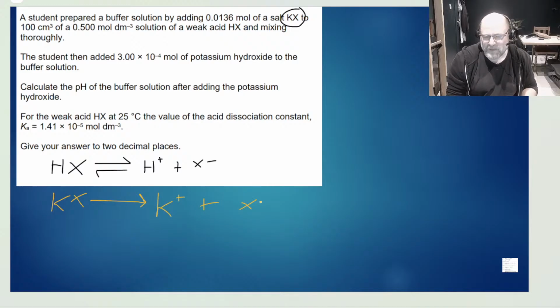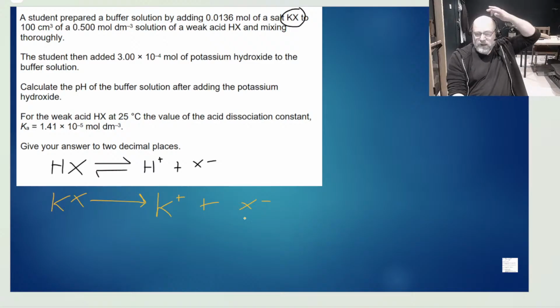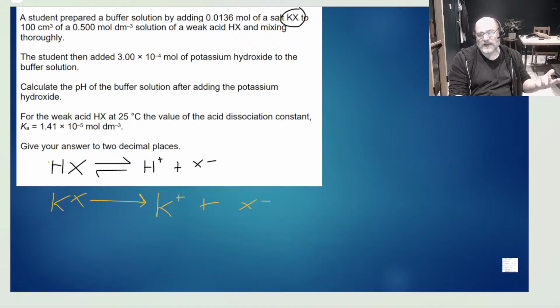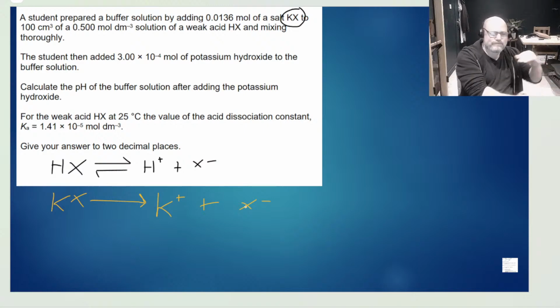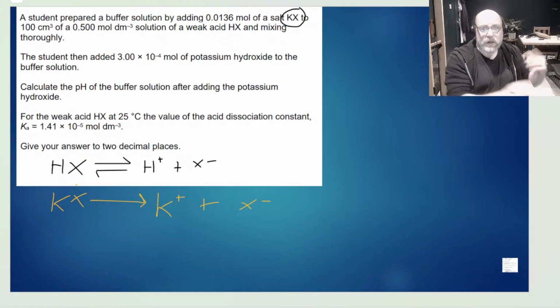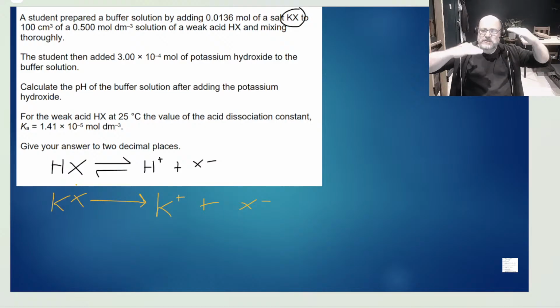But it's going to give me loads of the salt, like, if this was ethanoic acid, loads of ethanoate ions. So now, if you add an acid, I can take it out with X minus, and it's gone, neutralized. If you add a base, I can take it out with HX, gone, neutralized. So the pH doesn't change much.